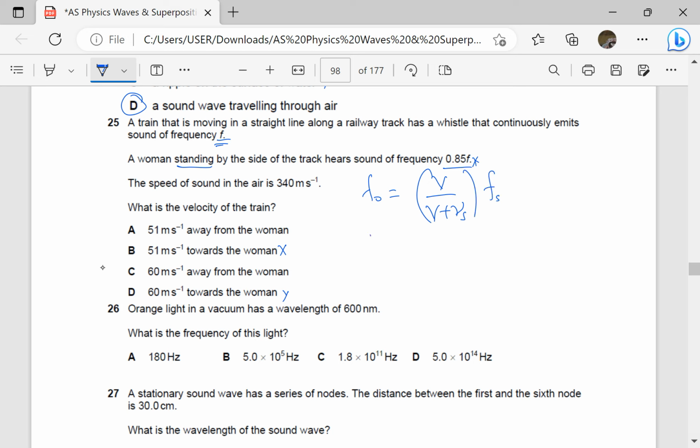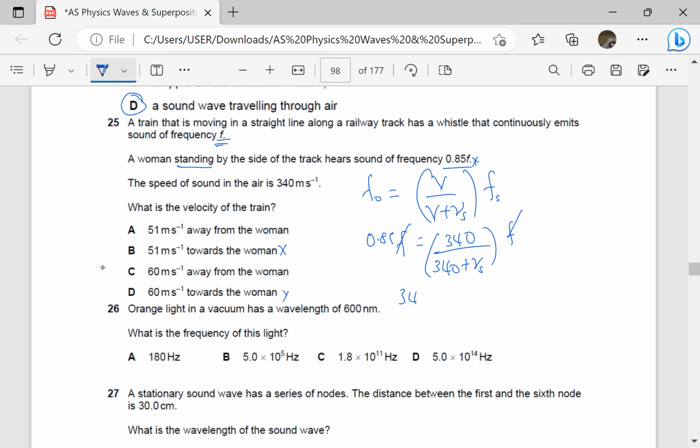So the observed frequency is 0.85 F. The speed of sound is 340, divided by 340 plus the velocity of the train, which I'll call Vs, the speed of the source, then times the frequency of the source, which is F. So you'll notice that F has cancelled out. So just solve this equation.